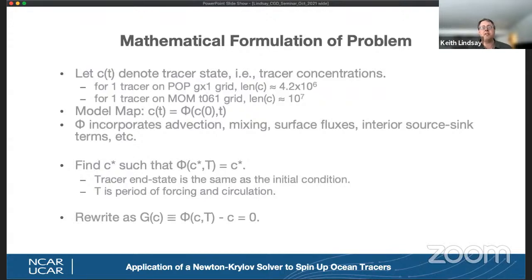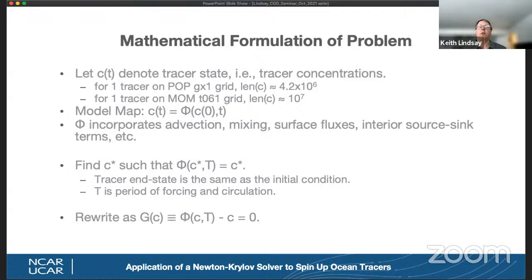As Dan mentioned, my background is mathematics, so I'm going to restate what I just said from a mathematical point of view, so that you can then use math to make progress on solving these equations. I'm going to introduce some notation here. C of t is just going to be a vector denoting the tracer state in the ocean model. So these are tracer concentrations.